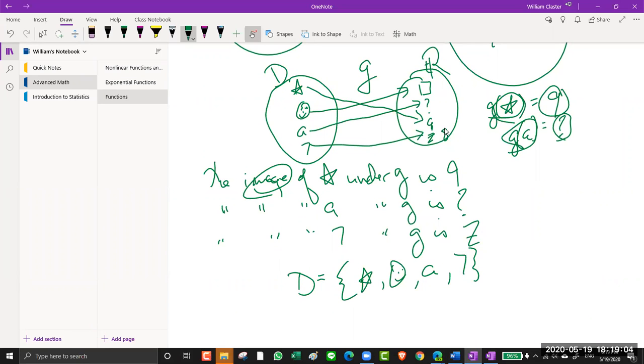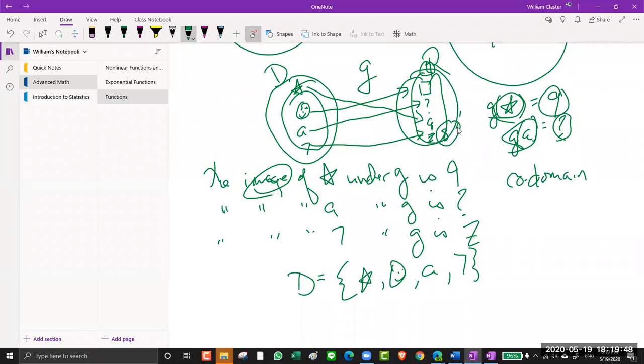Now there's no element in D that gets sent to 8. 7 gets sent to Z, A gets sent to question mark, star to 9, and this thing gets sent to the square. There's nothing that gets sent to T, and nothing that gets sent to 8. So if 8 and T are in this set, then we call that set not the range, we call it the codomain.